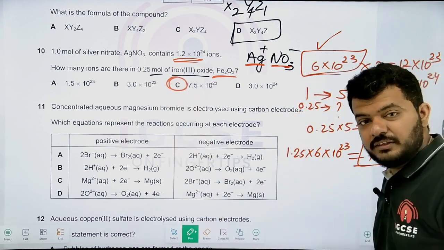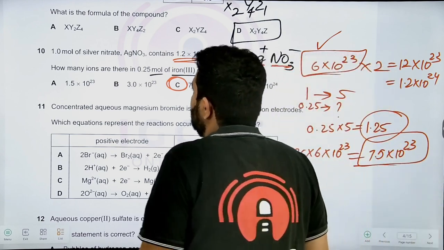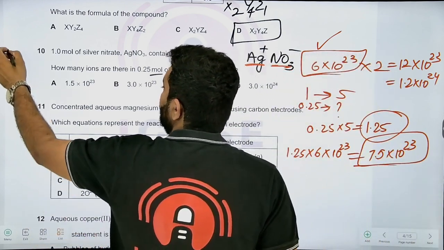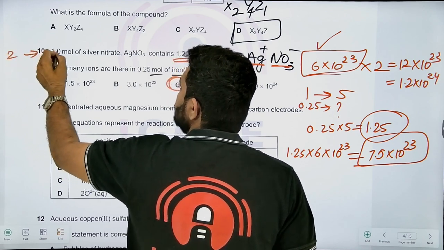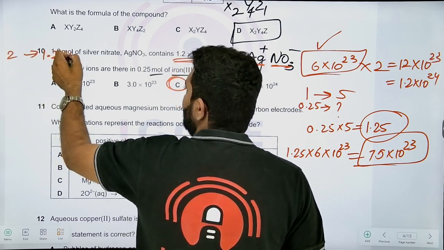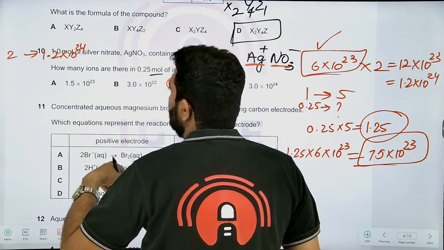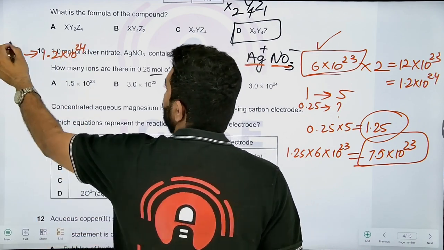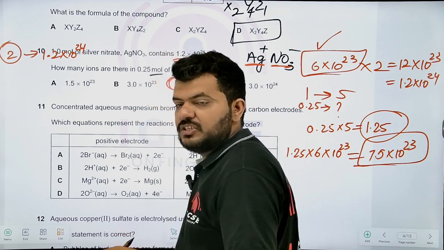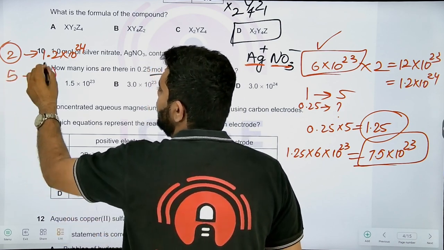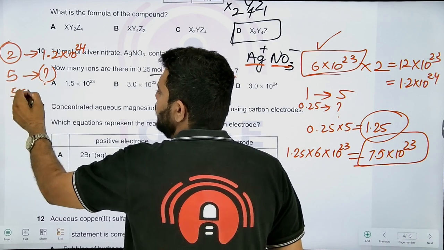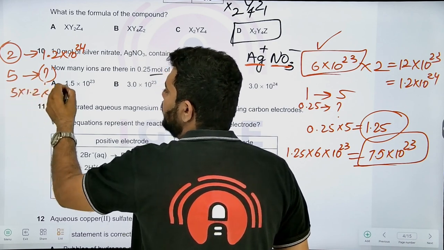Now, what is another method? Probably an easier method. Let's find out. So if there are 2 moles of ions, 1 mole contains 1.2 into 10 to the power 24 ions, right? Now, if there were 5 moles of ions, how many would it contain over here? 5 into 1.2 into 10 to the power 24.